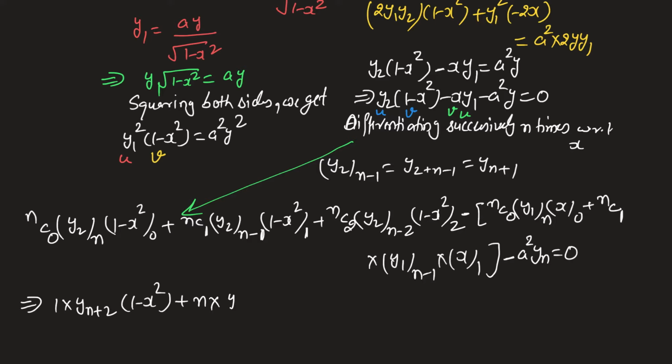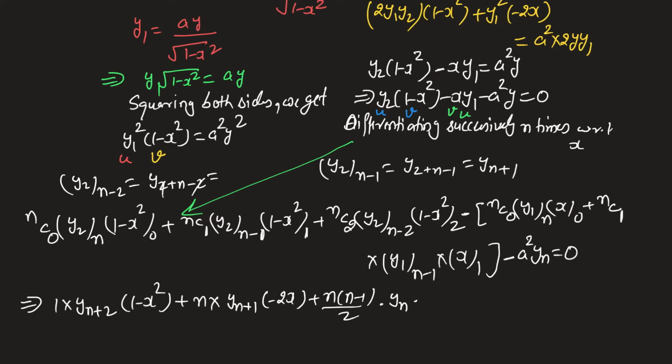So, this will be y n plus 1 into minus 2x, plus n into n minus 1 by 2 yn, and second order derivative of 1 minus x square is minus 2, and this y2 n minus 2 is y 2 plus n minus 2. This will cancel out, this is yn, and this is minus 2.